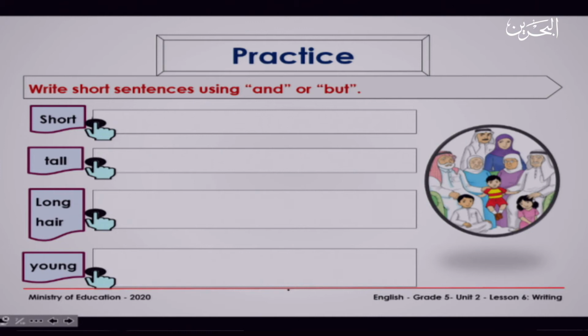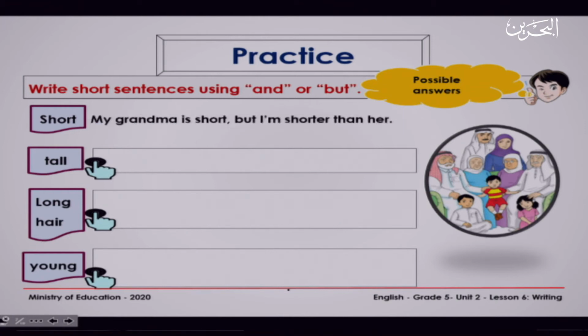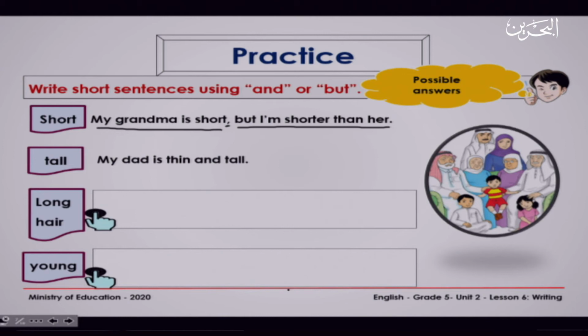Now let's check your answers. These are some possible answers. My grandma is short, comma, but I'm shorter than her. My dad is thin and tall.